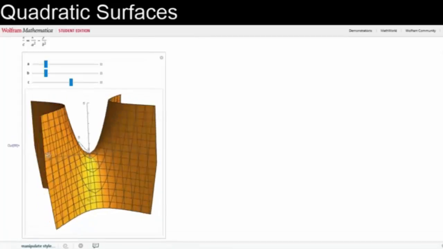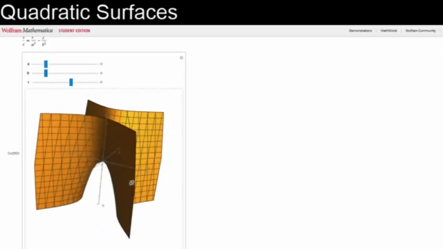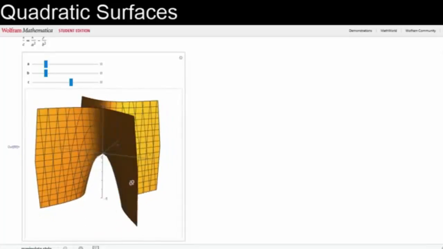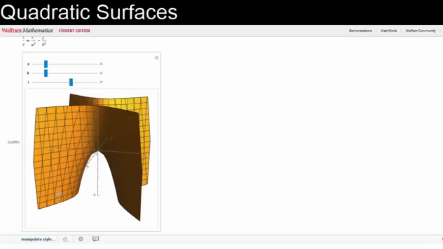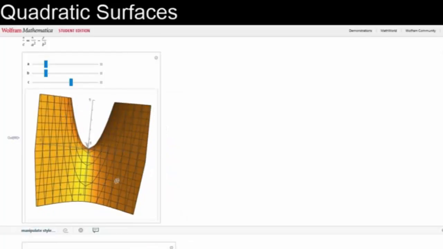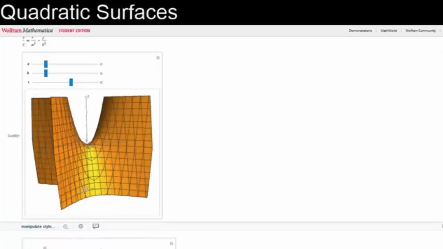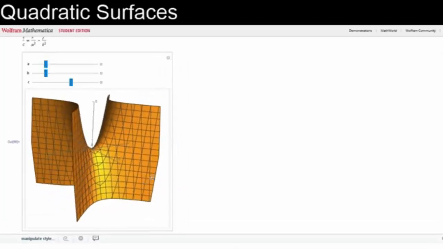So if you look at the mesh here, you can see a whole bunch of parabolas opening upward. But then if you look here, you can see the other ones, the ones that open downward. Right, so those are the various traces of this. And then if you look at these other horizontal lines here, if you look at what they cut out, let's say at the top here, we have a piece here and a piece over here.